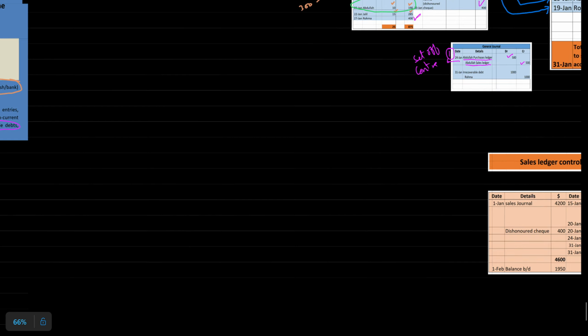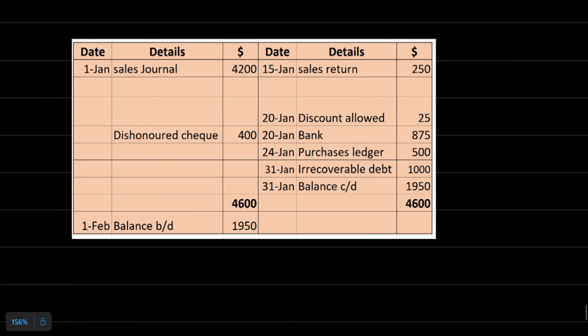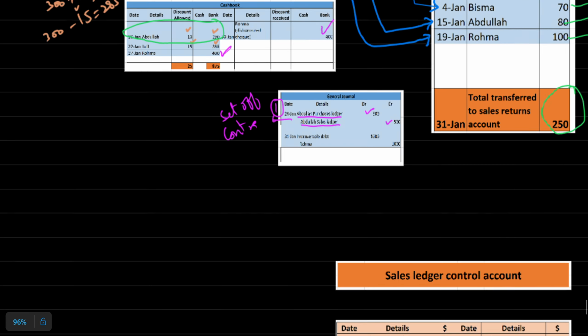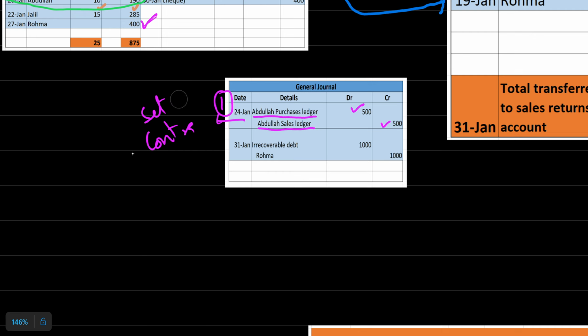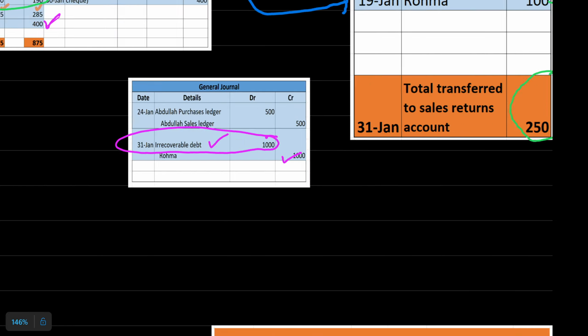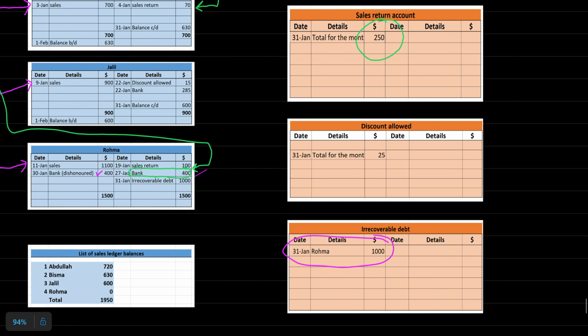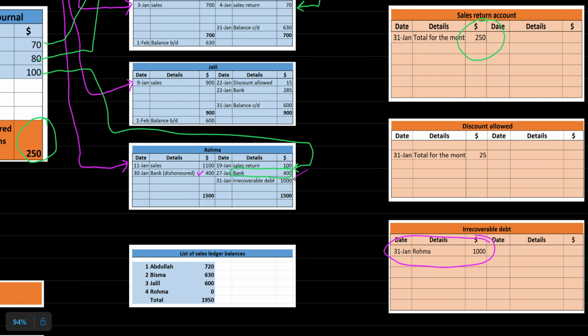So first of all, we will make a journal entry: irrecoverable debt debit and Rohma credit. This will be posted to the debit of the irrecoverable debt account like this, and this will be credited in Rohma's account like this.